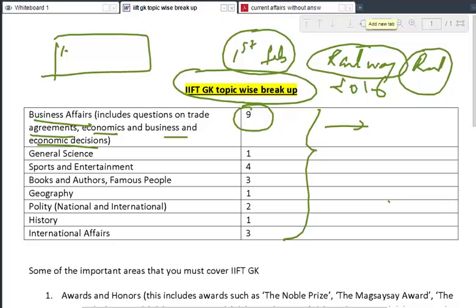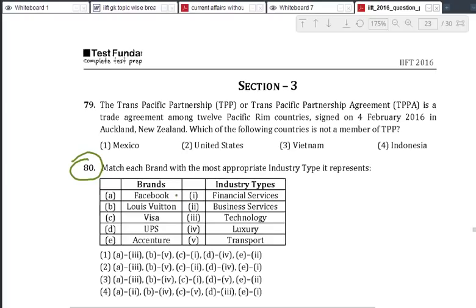I will demonstrate some of these to you: what kind of industry Facebook is, and you can easily answer. You can say it is not luxury, not transport, not financial services. It is technology. Louis Vuitton is luxury, so definitely you can match B with 4. Visa is financial services.